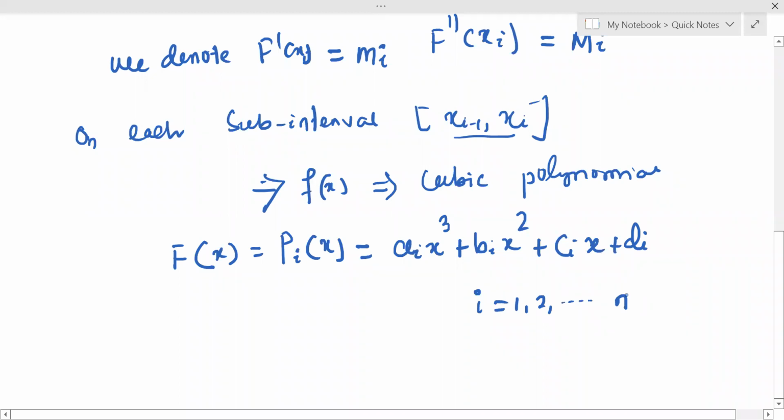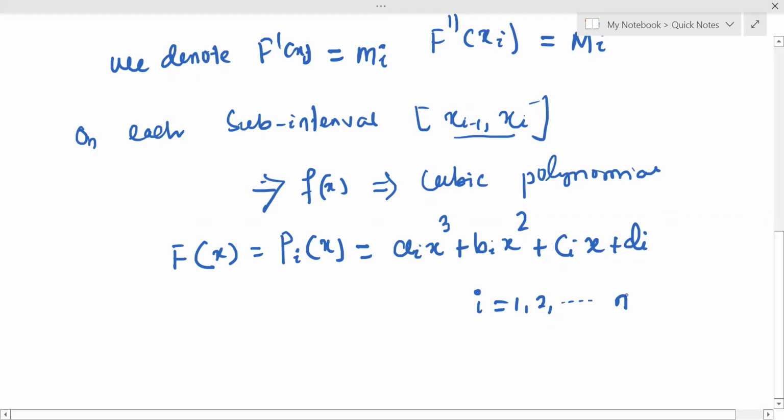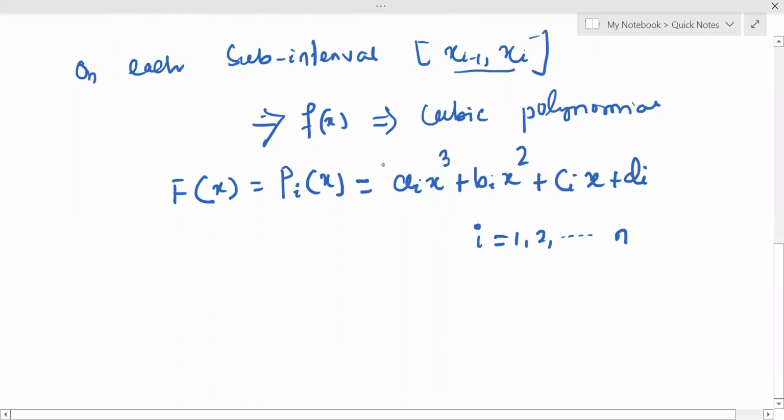That is the cubic spline interpolation polynomial defined here. ai, bi, ci, di are the four unknowns to be determined.